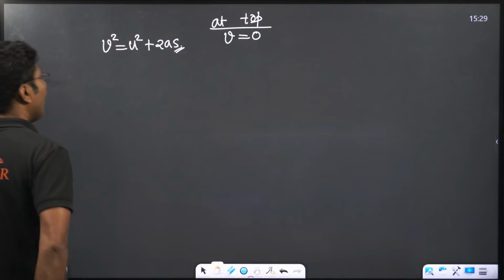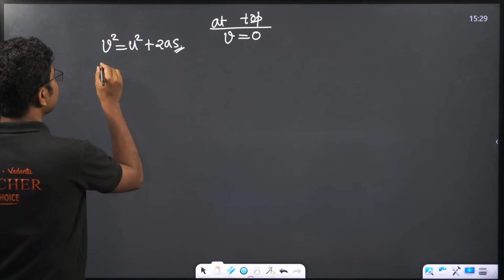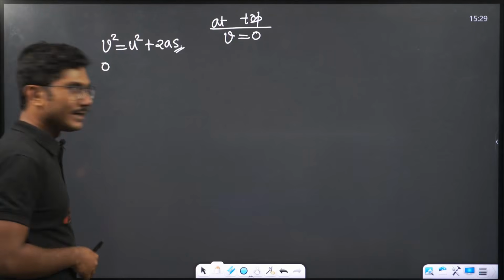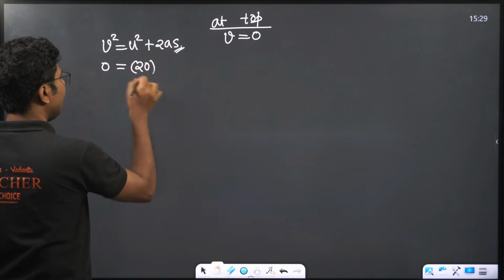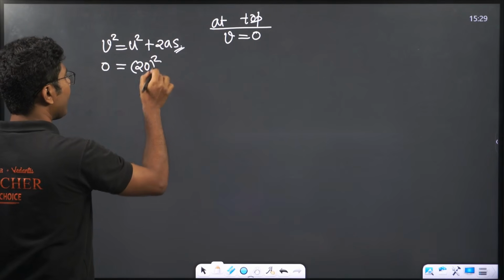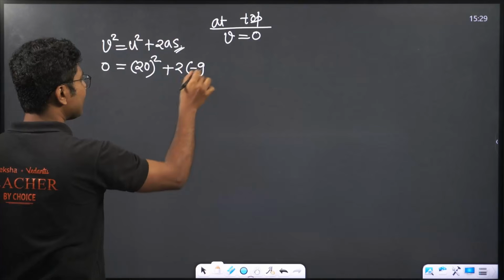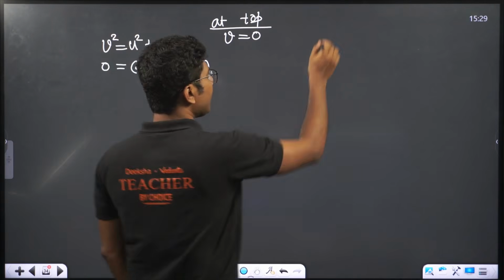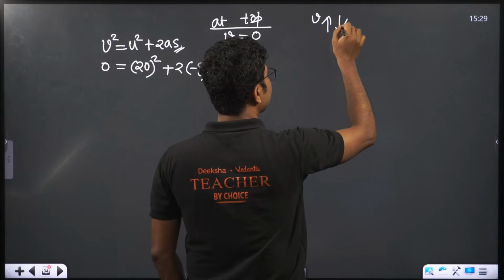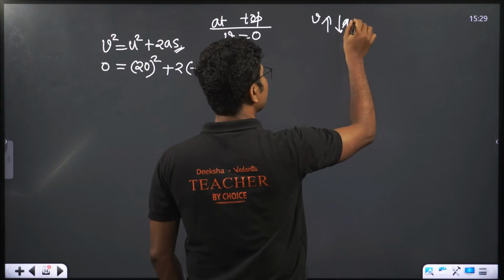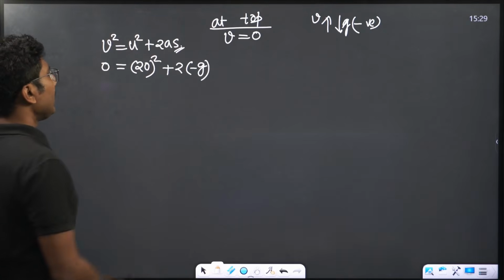Now v square is 0, the final velocity is 0, and u is 20 meter per second. So 20 square plus 2 into gravitational acceleration, which is minus g, because the object is moving upward and the gravitational acceleration is downward, so g must be negative, into s.